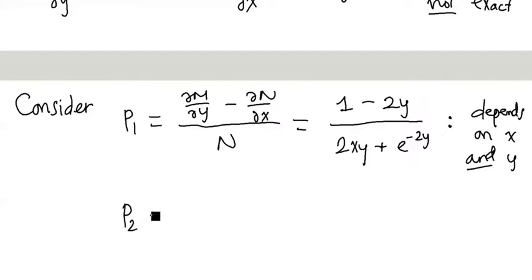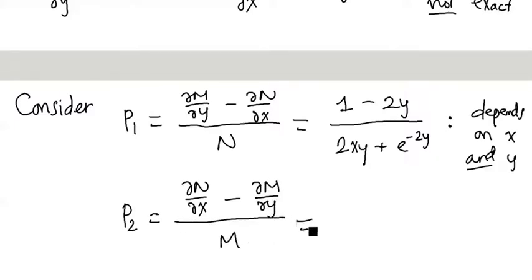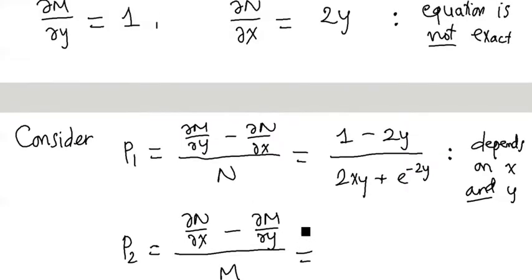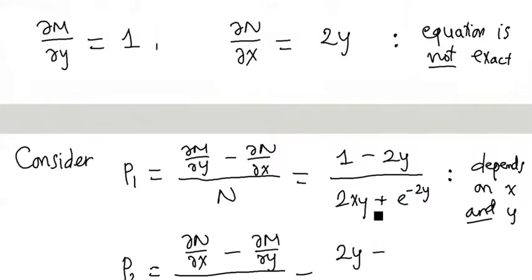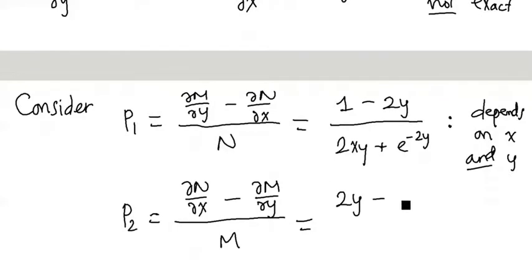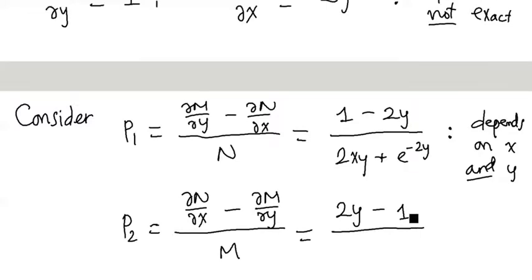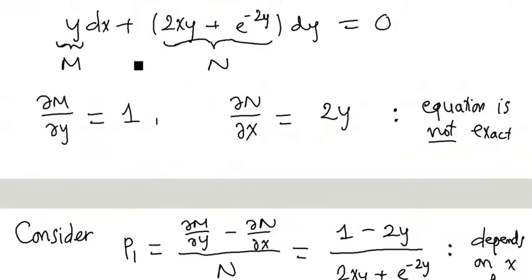So instead, look at P2. And the formula for P2 is different. It's partial N partial x first minus partial M partial y divided by M. And in this case, we have partial N partial x is 2y minus partial M partial y is 1, divided by M. M is y over here.